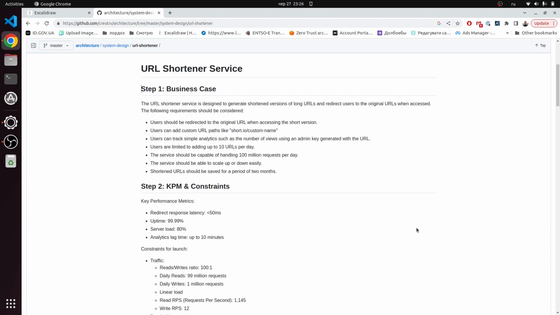So what should our shortener service do? We describe some requirements based on the business case: functional and non-functional requirements. Also we describe some business limitations, for example time, money, people resources and other stuff. Why is it needed?